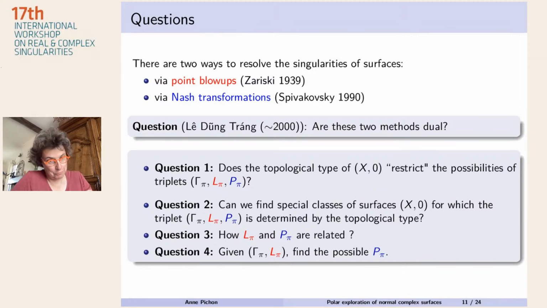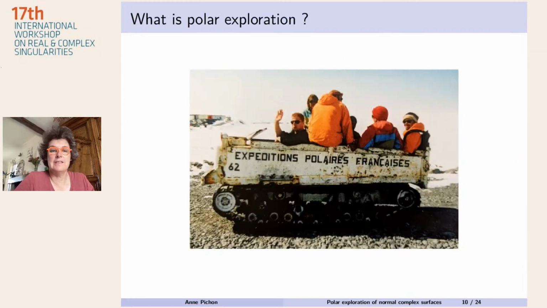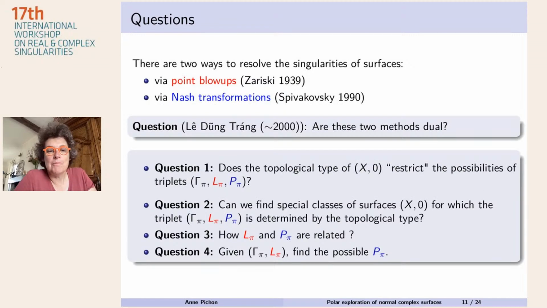Okay, and so it is really what we call polar exploration. So it has nothing to do with this picture actually. And so I will try to answer. We have answers for all these questions, and I will try to present part of what we did.